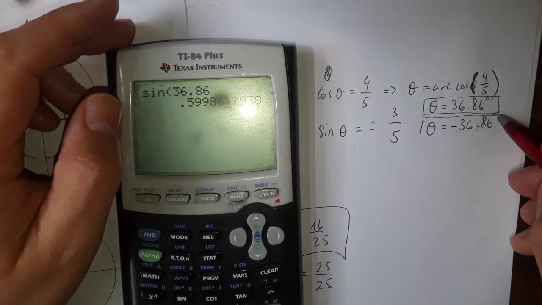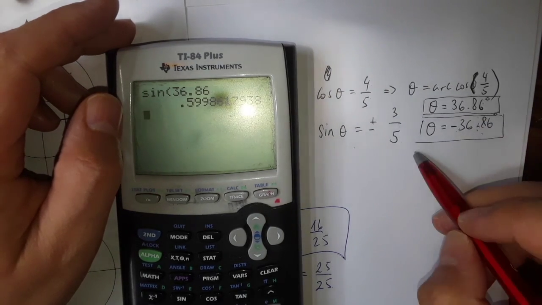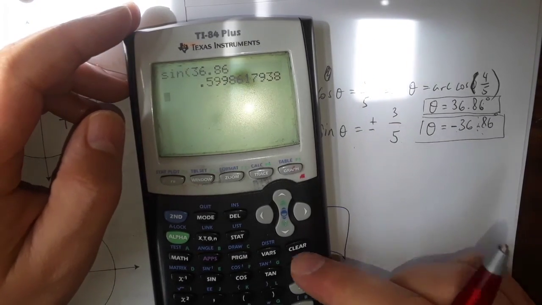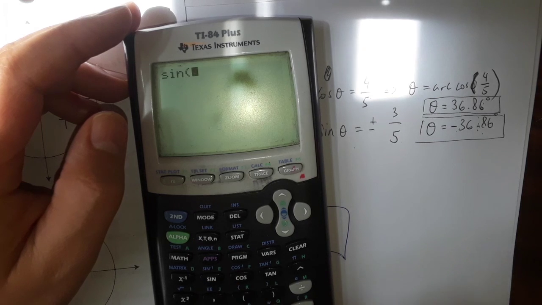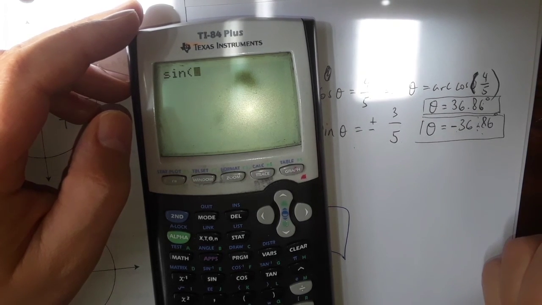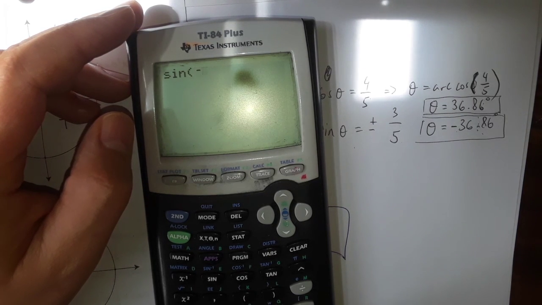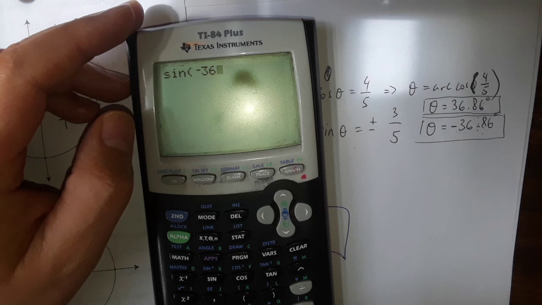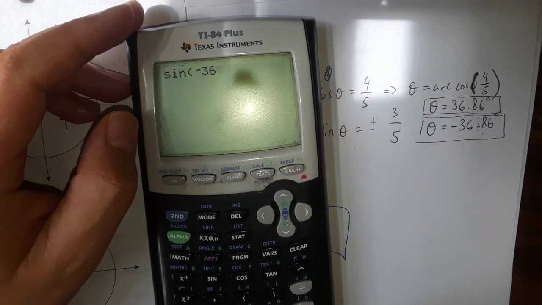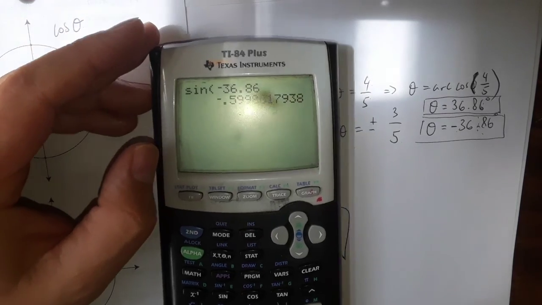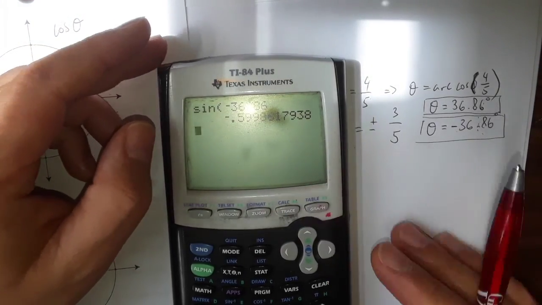If we take the sine of negative 36.86, because sine is an odd function, we get the same thing but negative, negative 3/5.